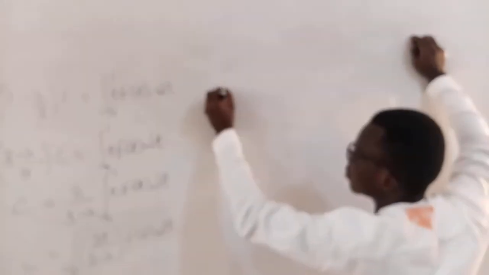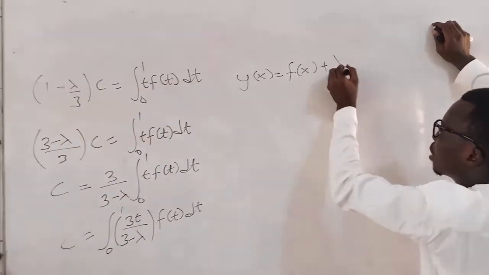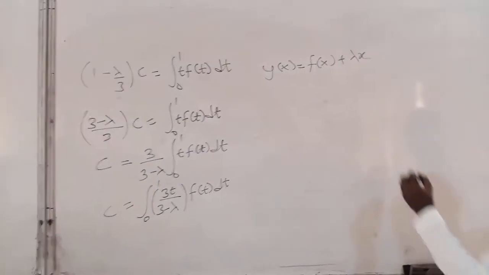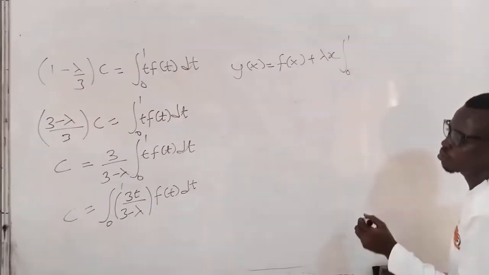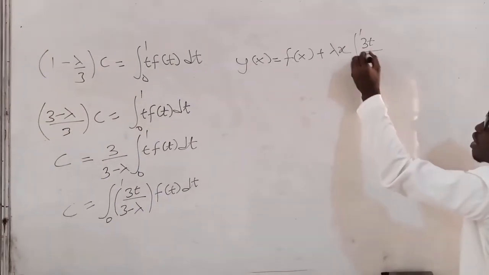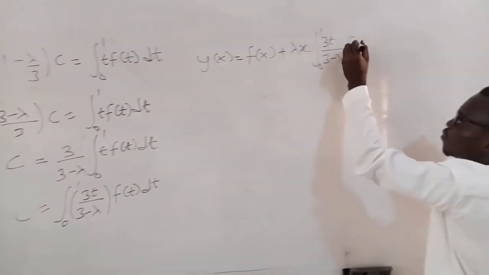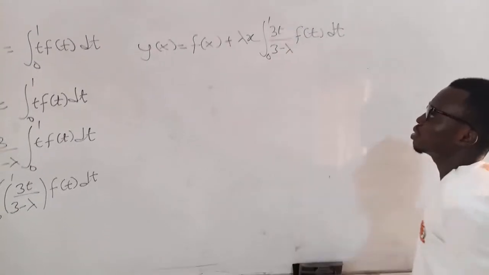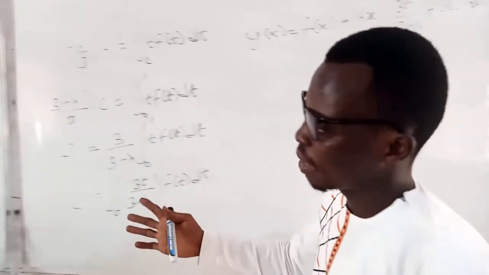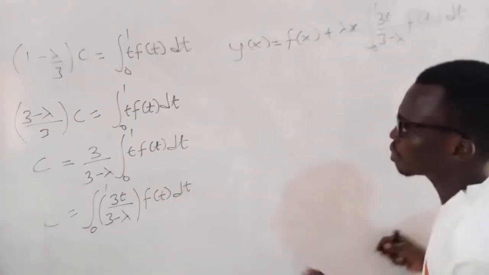So y of s is the same as f of s plus lambda s, then the c, this is the c. I'm going to have the integral from 0 to 1, then 3t divided by 3 minus lambda f of t dt.